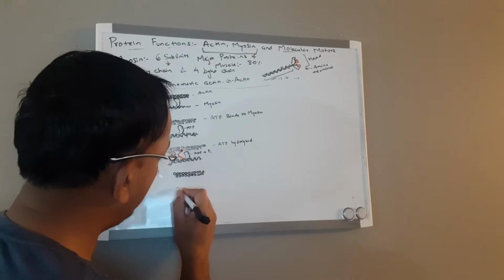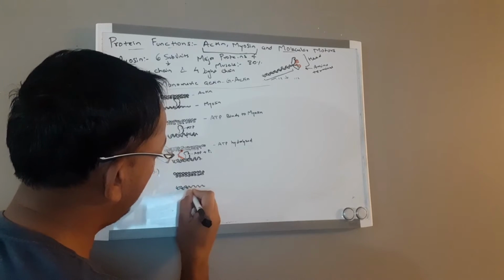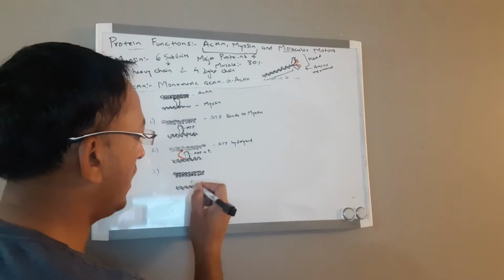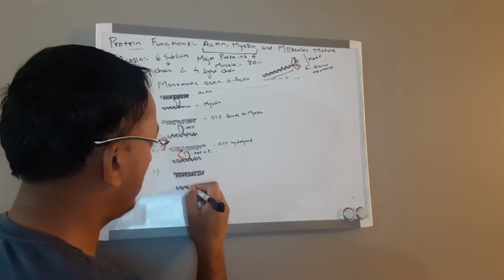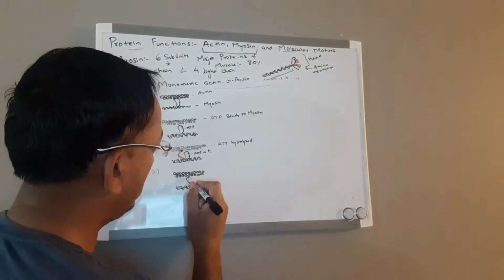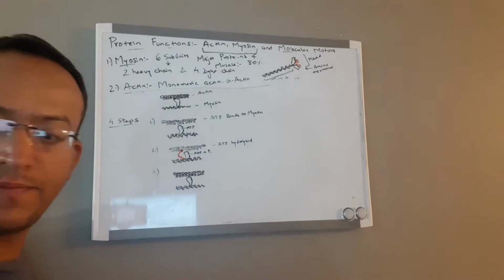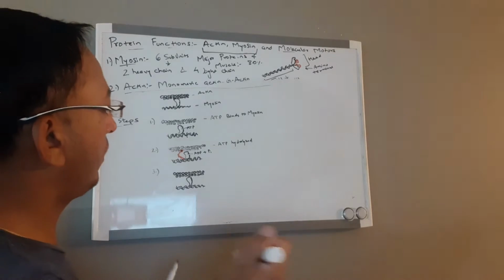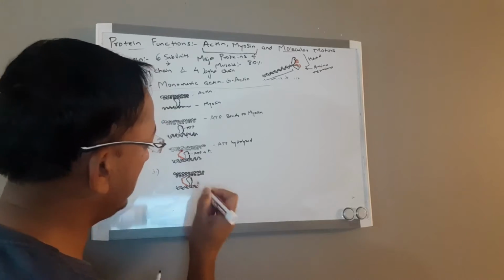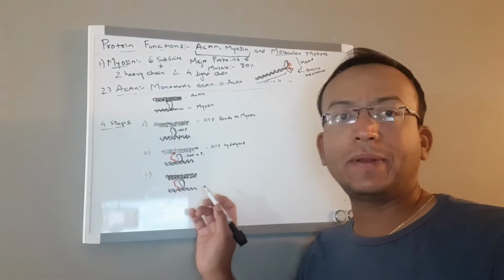The same actin and the same myosin. All right. So now this is here and the myosin head is here, right? So what happened in this step 3?